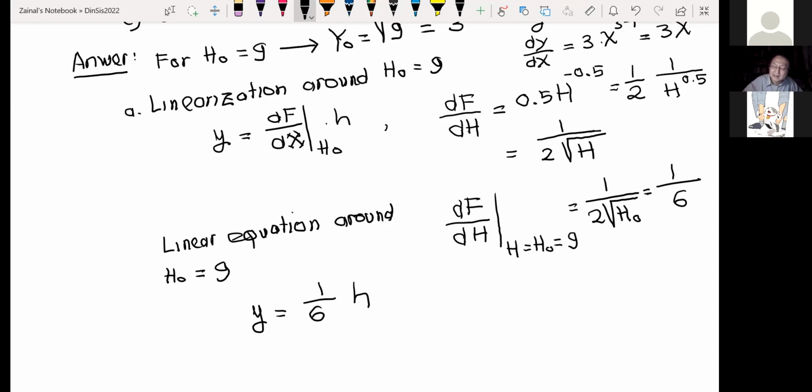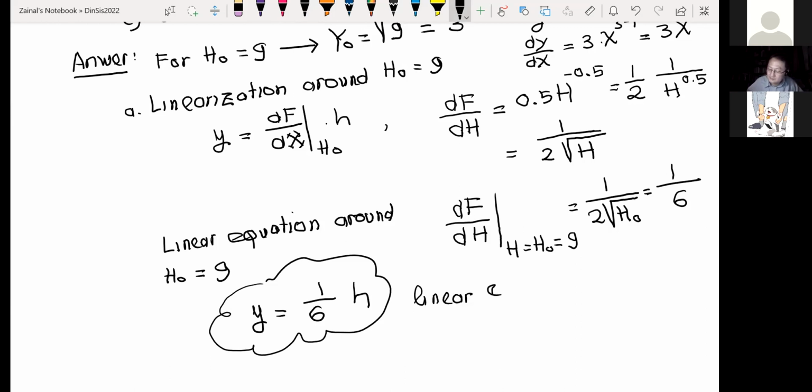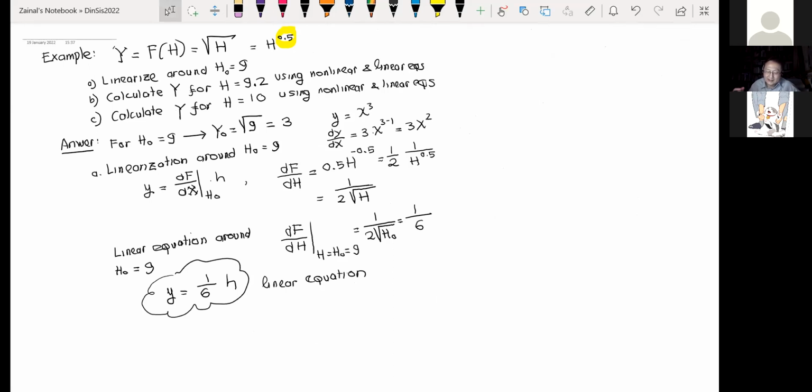Okay, this one is a linear equation. This one is A. We get the linear equation, which is y equal to 1 over 6 multiplied by small h.